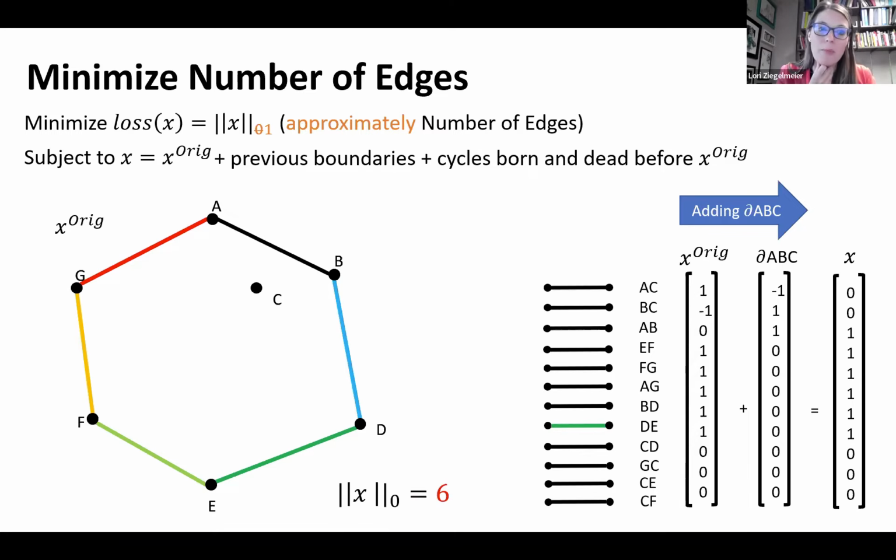But we actually want to be able to compute this minimization problem. So instead, we replace the 0 norm with the 1 norm, which is known to promote sparsity patterns. And so we could introduce the 1 norm and approximate that, say this is approximately the number of edges.